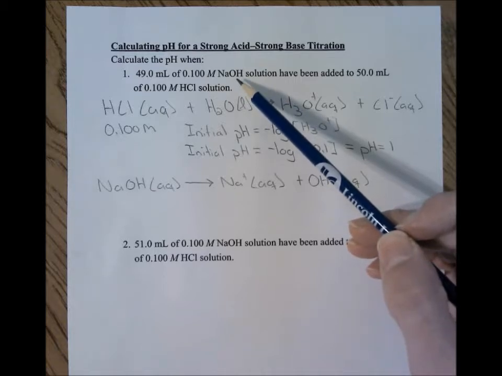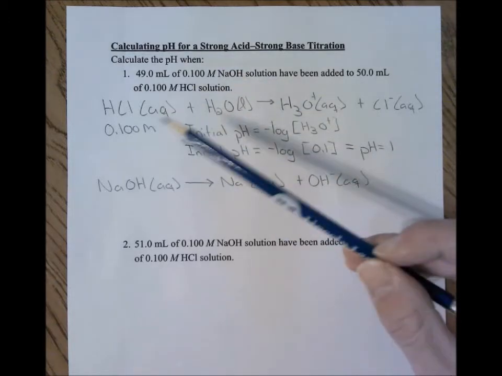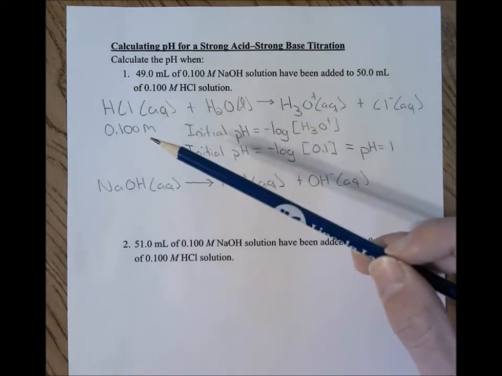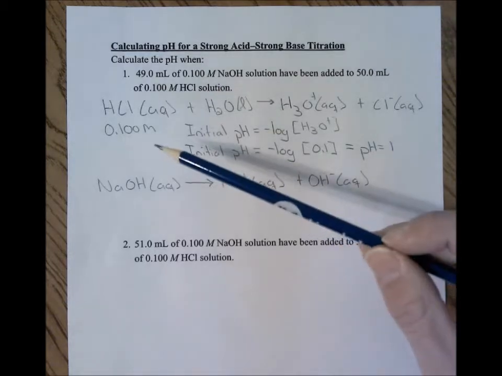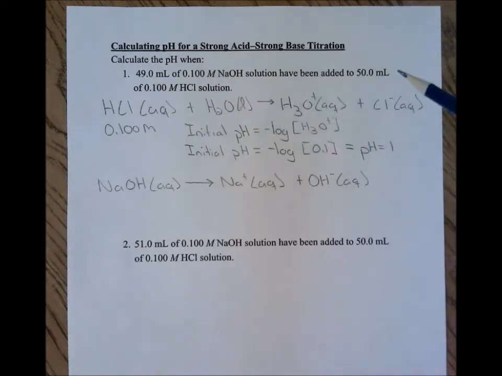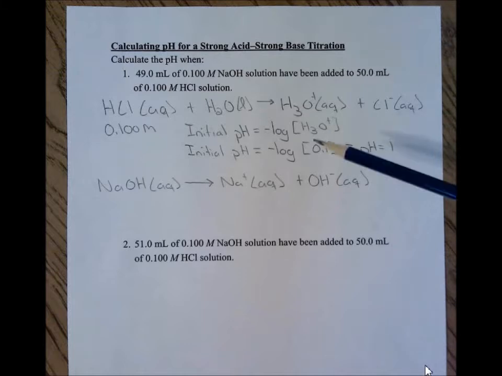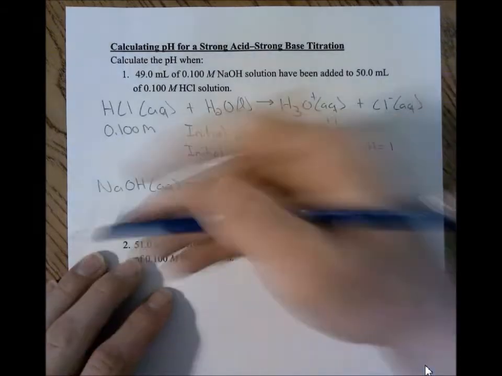So what this means is we're going to have to do a little bit of math here. Now, initially we had 0.1 molar HCl. However, we only had 50 milliliters. So we need to find the number of moles of HCl. That should be step one here.